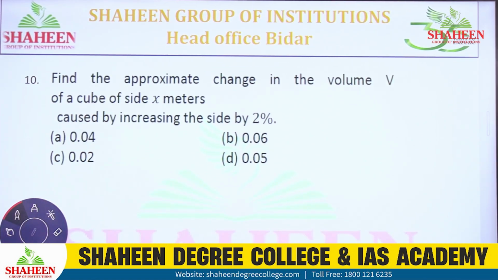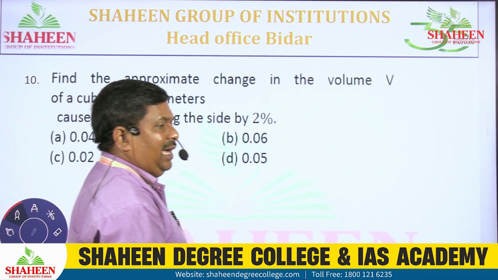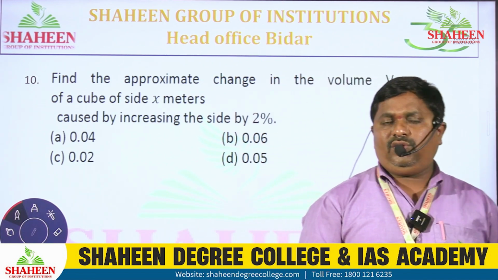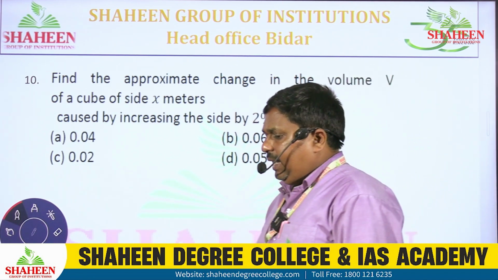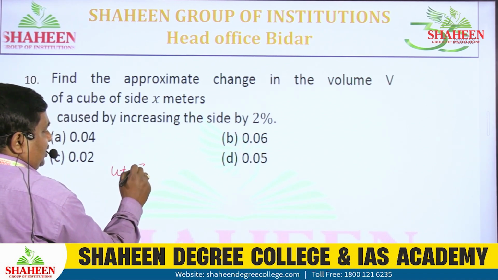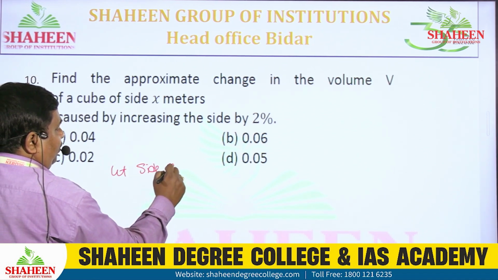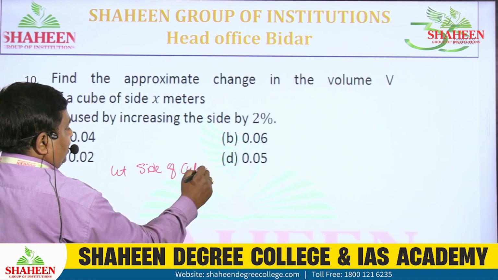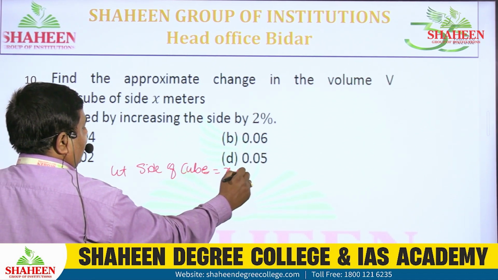Find the approximate change in the volume V of a cube of side x centimeters caused by increasing the side by 2%. We have a cube with a side x centimeter. Let side of cube be equal to x centimeter.